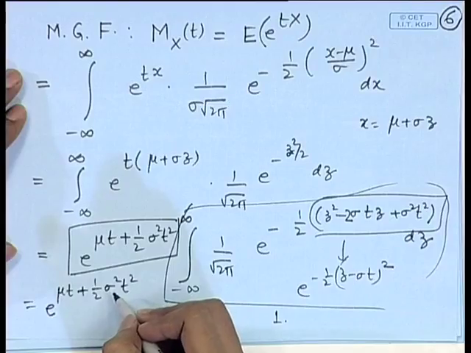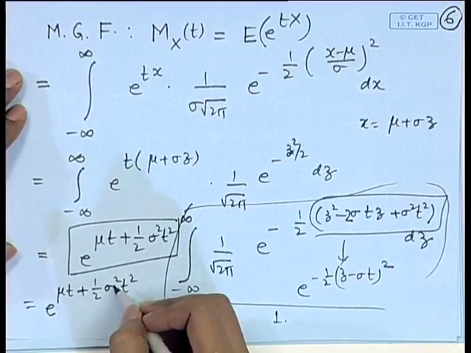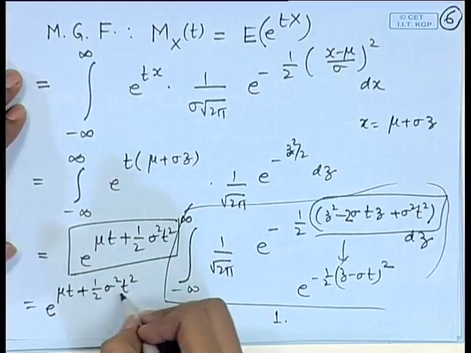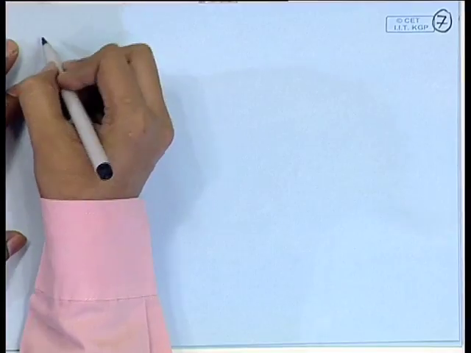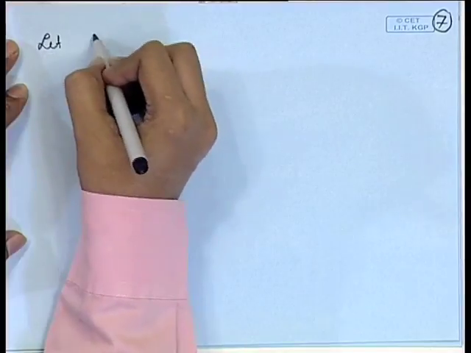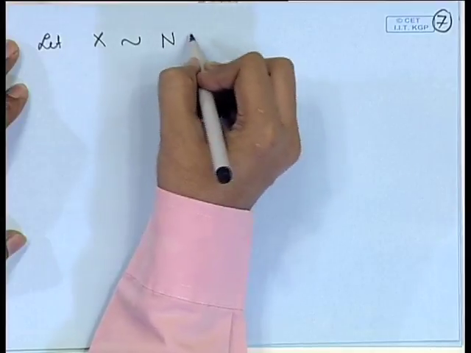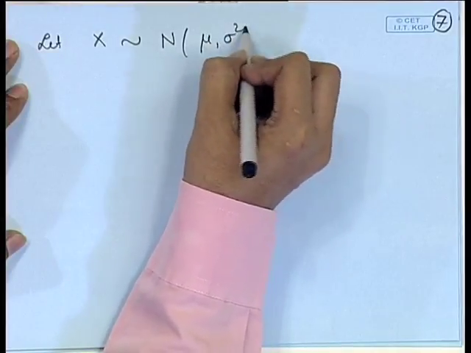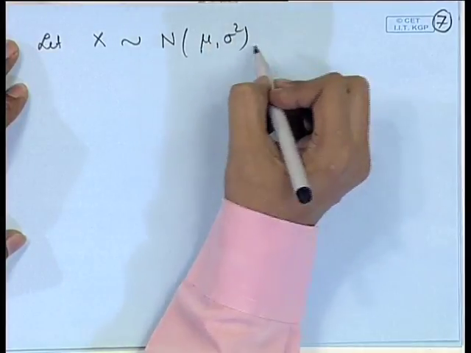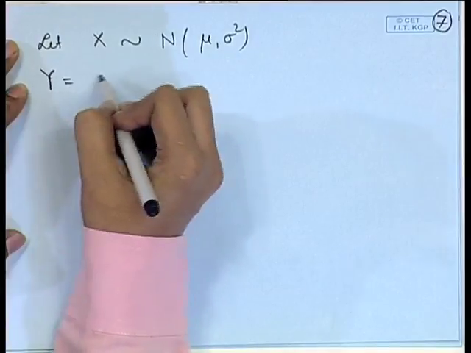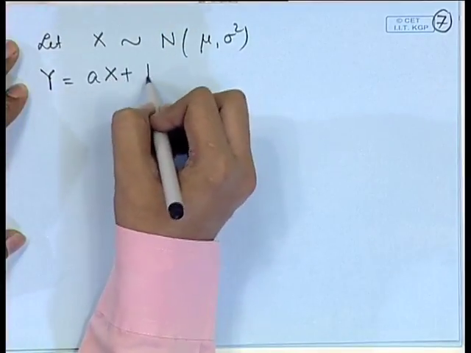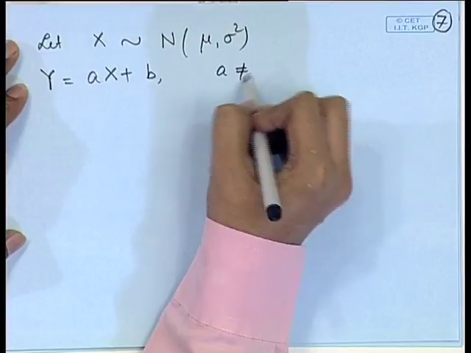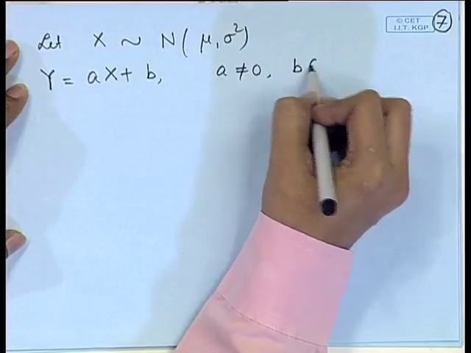Using the moment generating function of a normal distribution, we can prove an interesting feature. Consider say, let X follow normal(mu, sigma square). Let us consider Y is equal to say aX plus b, where a is any non-zero real and b is any real.